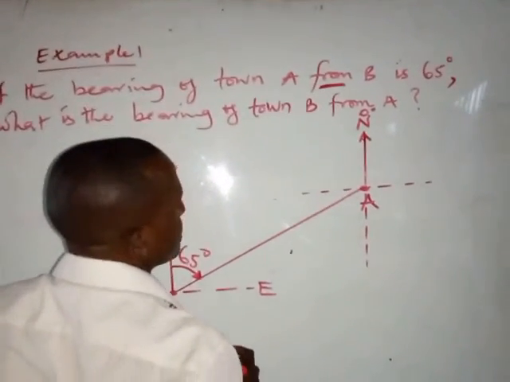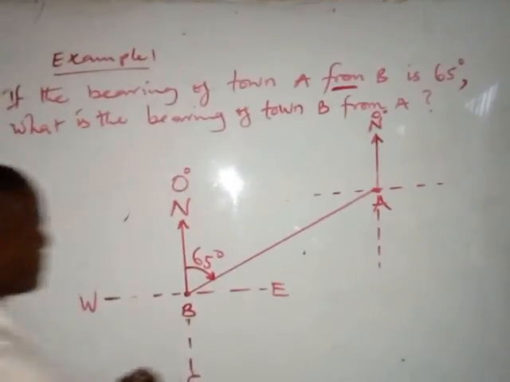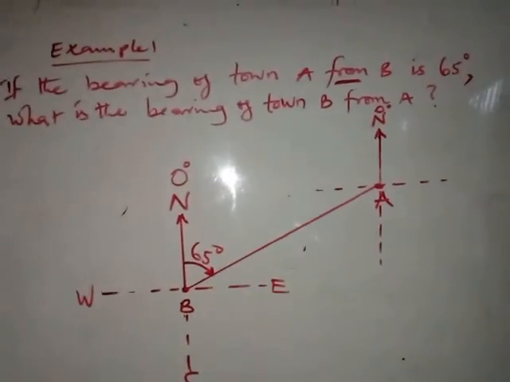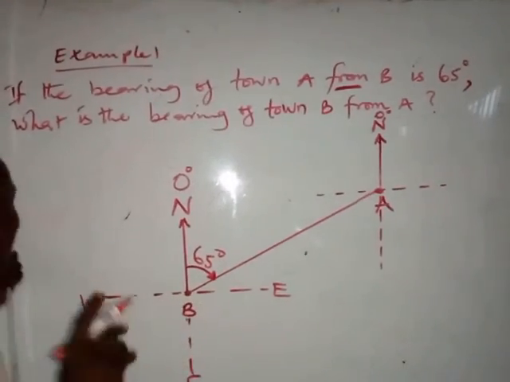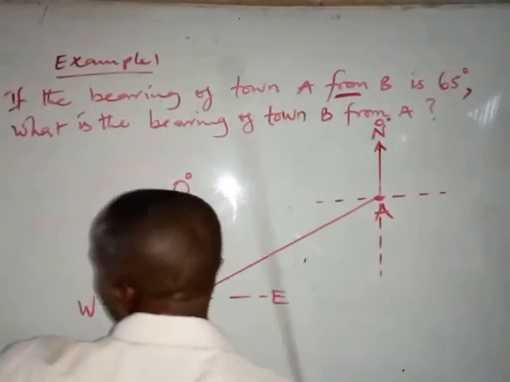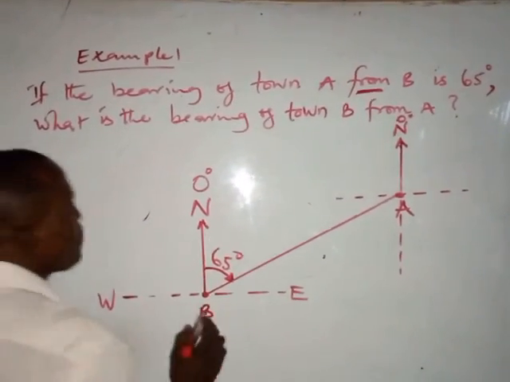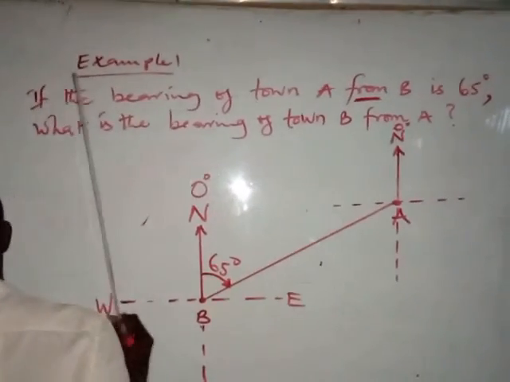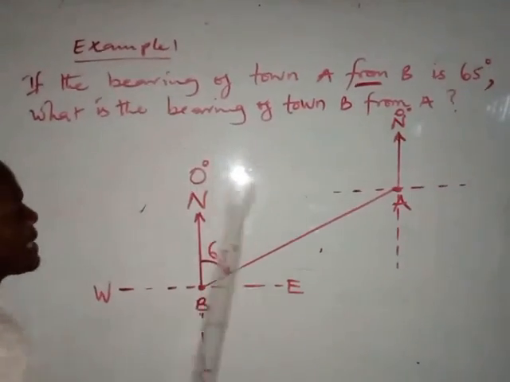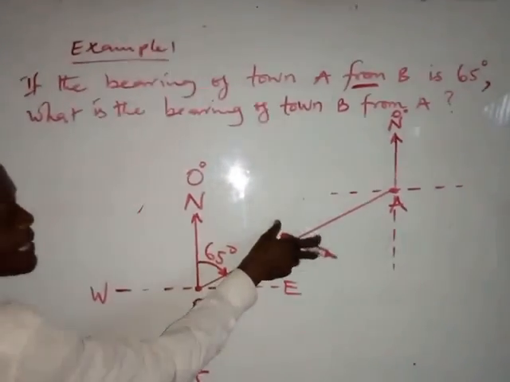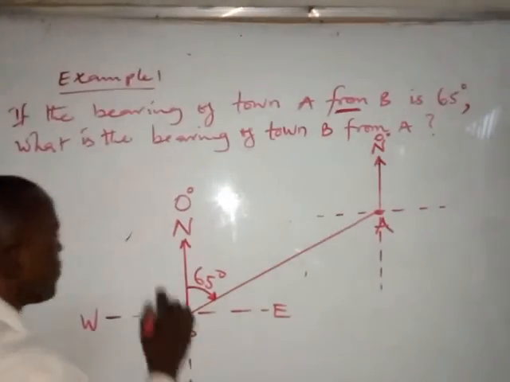You see it? Can you see that? So, watch. From what I have taught you there, I told you that we import the knowledge of alternate angles into bearing, and that is what we use to solve.